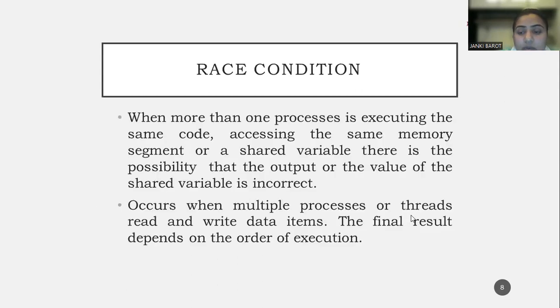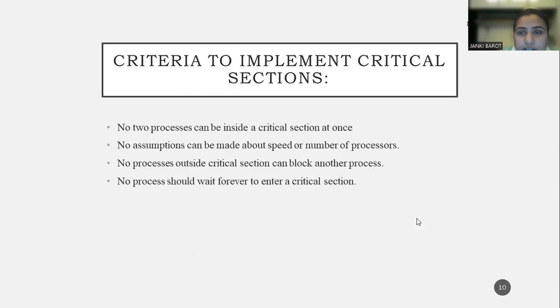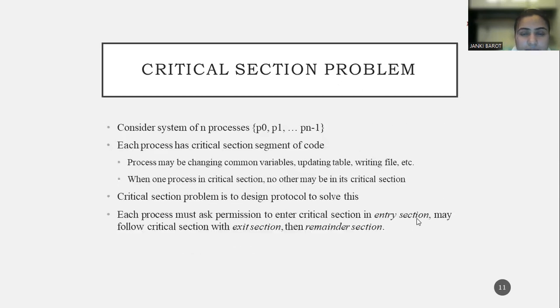So likewise you can have the solution of this critical section problem. Each process must ask permission to enter the critical section in an entry section, and may follow the critical section with an exit section, and then the remainder section will be there.